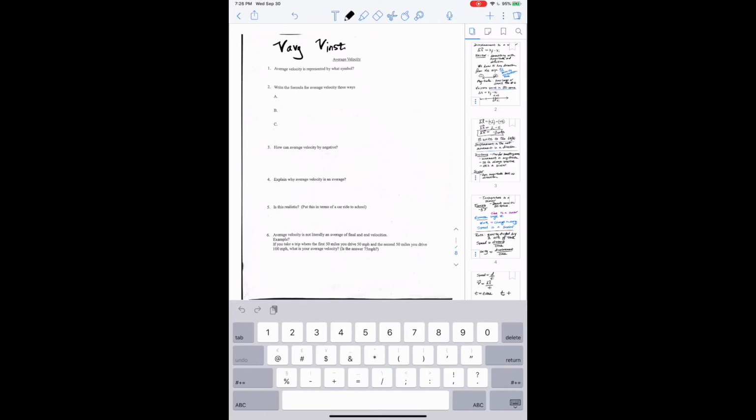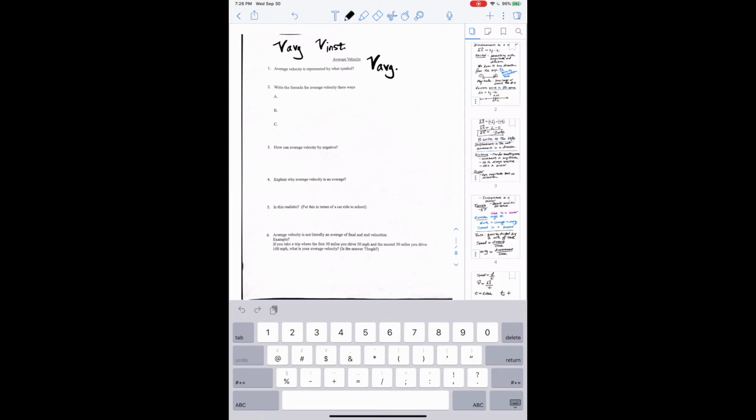All right, average velocity is represented by what symbol? And I just wrote that above. Average velocity is v average, just like that. Write the formula for v average 3 ways. We already kind of did this a second ago, so we'll go ahead and try it again.